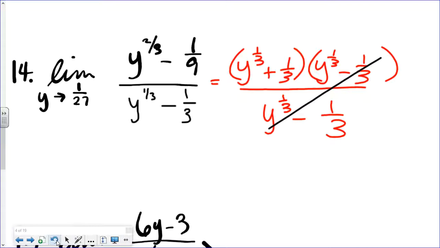What is 1/27th to the 1/3? What's that? 1/27th to the 1/3 power. It's 1/3, right? What I put in there wrong? Kendall? Oh, yes, it is 1/3. Plus another third makes 2/3.